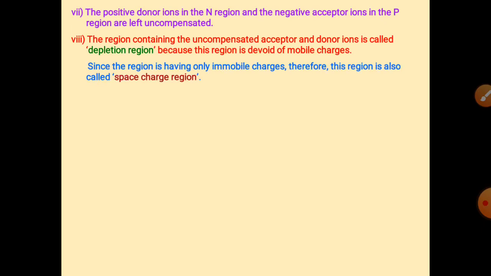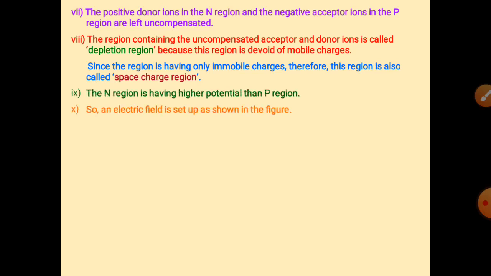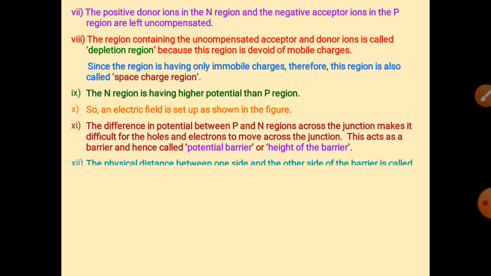The region has only immobile charges, therefore it is also called the space charge region. The N region always has a higher potential than the P region, and the electric field direction is always from positive to negative.